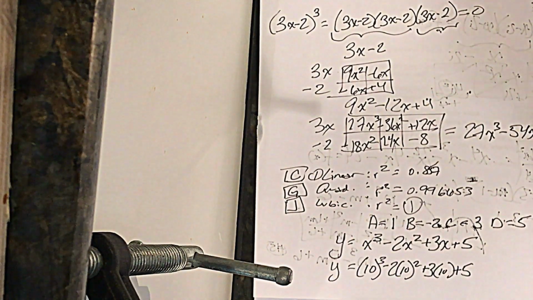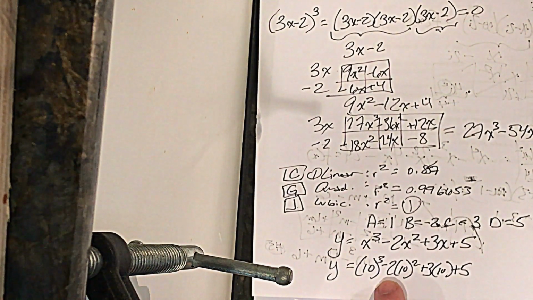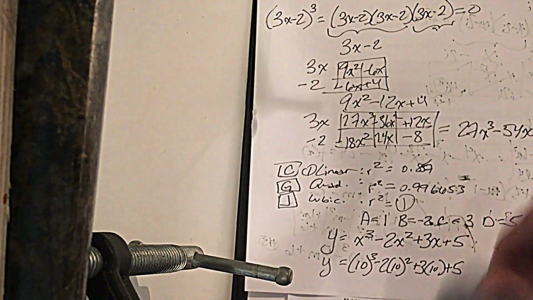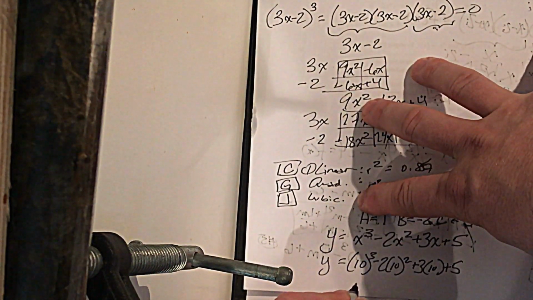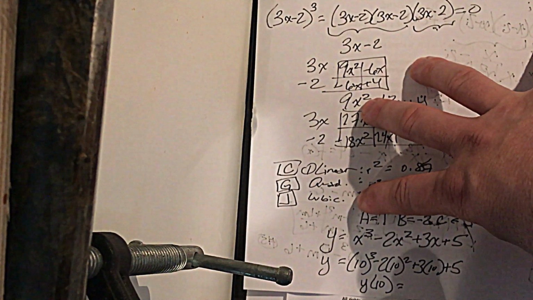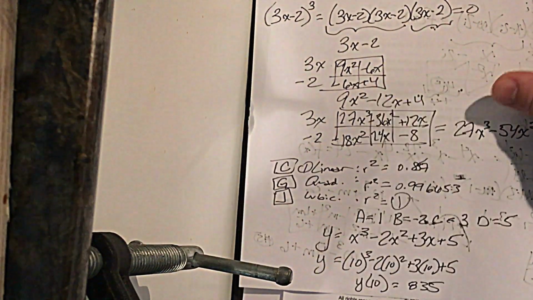There's my F3 equation. And now I press Control T and I go down to where it says x is 10. When x is 10, then y will equal 835.